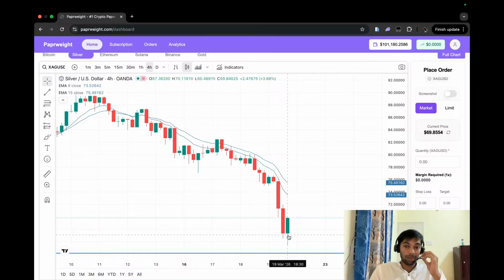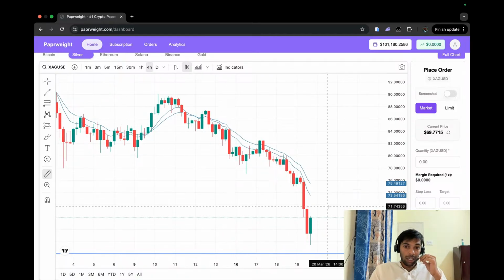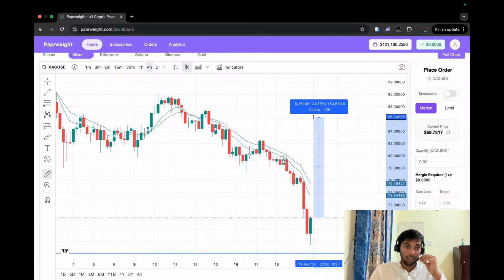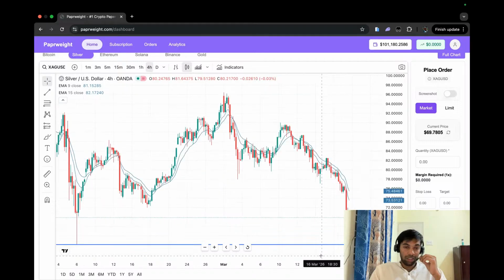This can be taken as a breathing point or profit booking for all the sellers, and that can invite buyers as well to push the market till here. What I'm saying is, till here, so 16 points in the up direction.